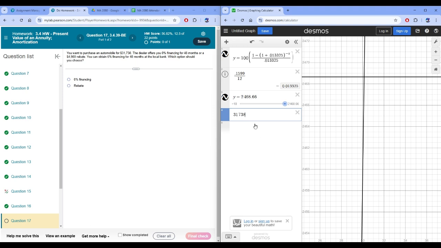P times, I think it's 1 plus r, which should be 0 raised to the 48.